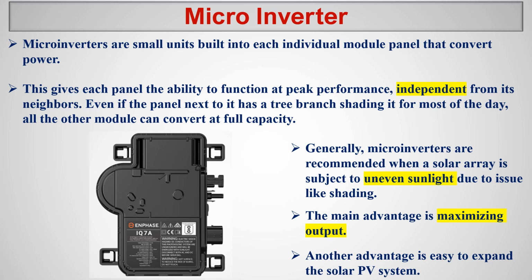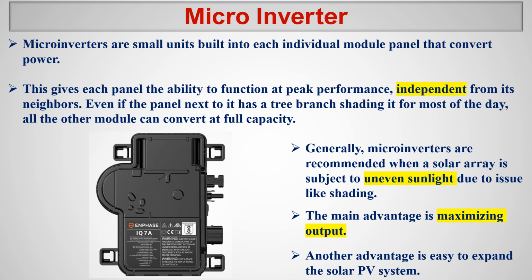In that case, you are not sure, if you installed 10 panels, which panel is going to be affected by solar shading. In that case, it's better to have a microinverter. Microinverters will take care of each module separately. So when you install microinverters, your total output will be higher, because the microinverter takes care of each module.